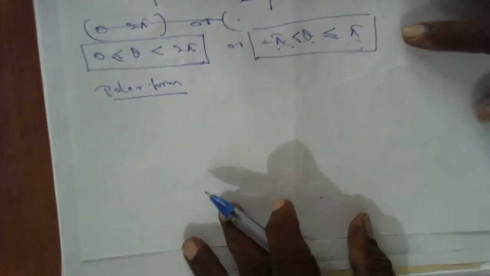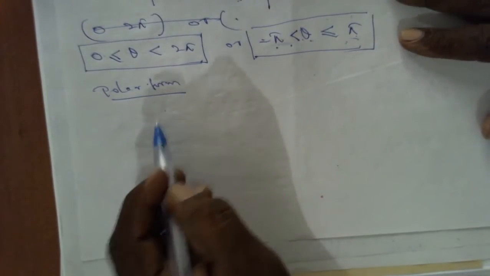Let's discuss the polar form of a complex number.